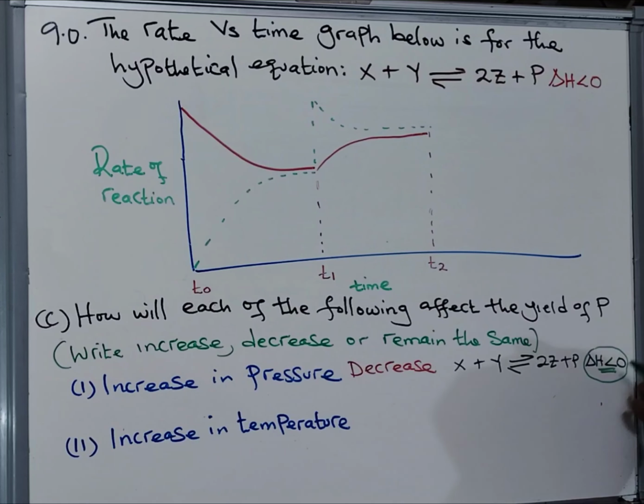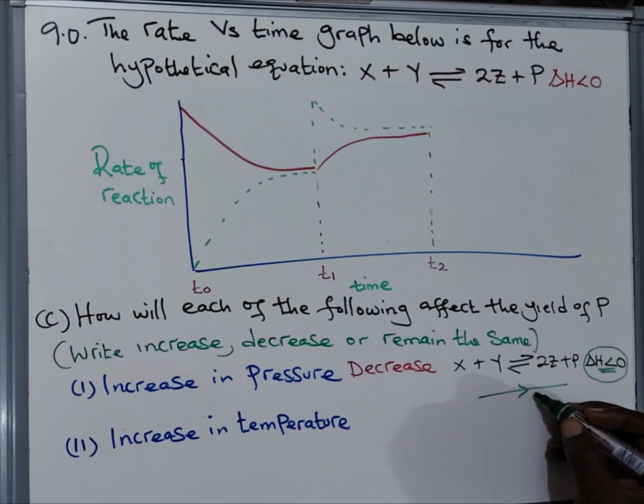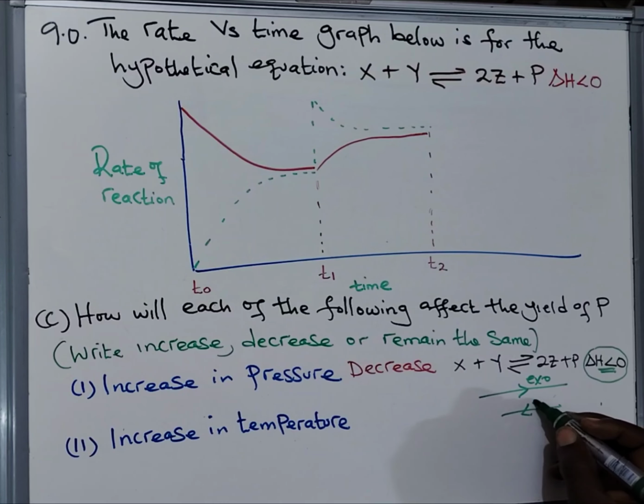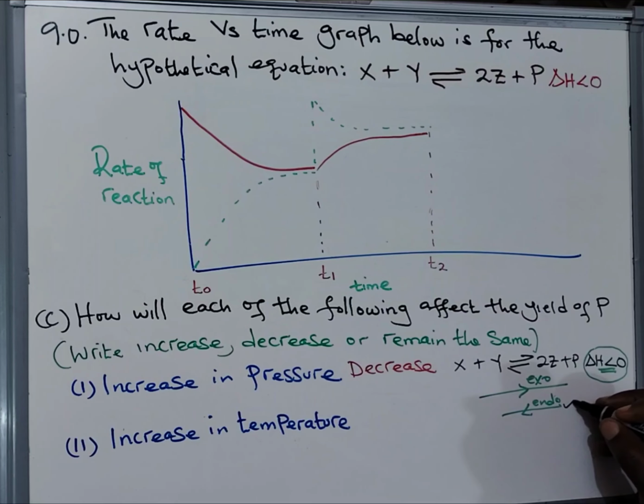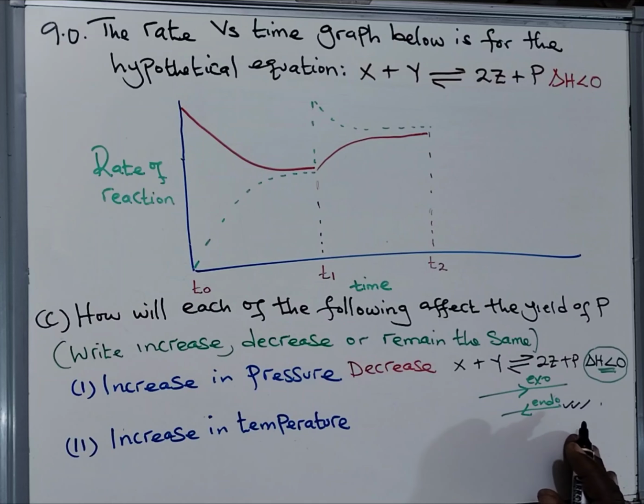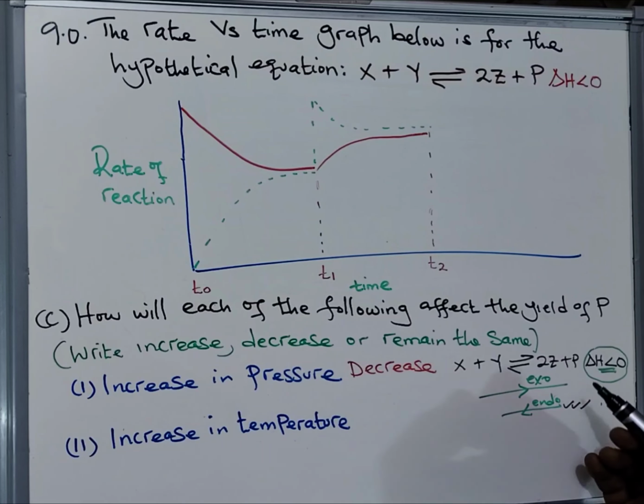Less than 0 means exothermic, so forward is exo and reverse is endo. And according to Le Chatelier, increase in temperature favors endo, and the endo is reverse. So what will the reverse reaction do to our product P? It will decrease.